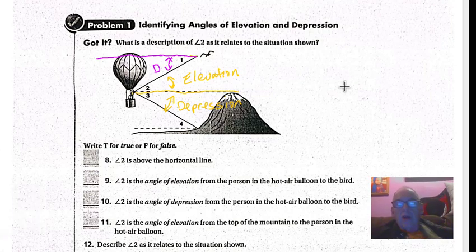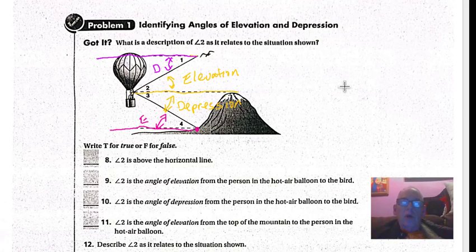So if somebody's here at the base of the mountain looking up at the balloon, their eye level is this reference line here, and they're looking up at the balloon through this angle here, which to them is an angle of elevation. So let's see how these things interrelate with each other.